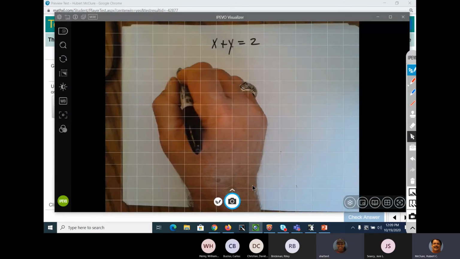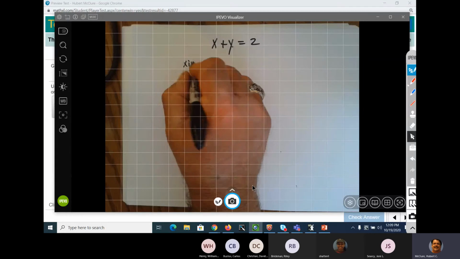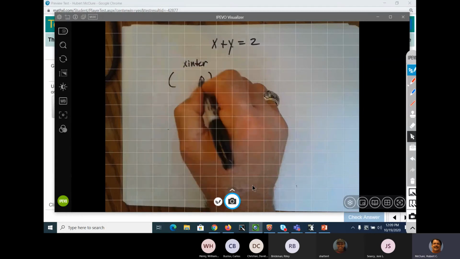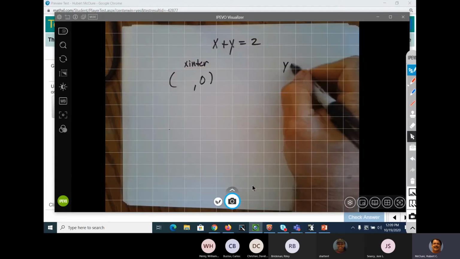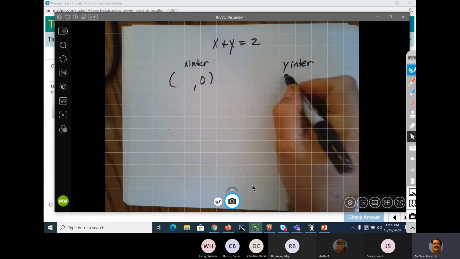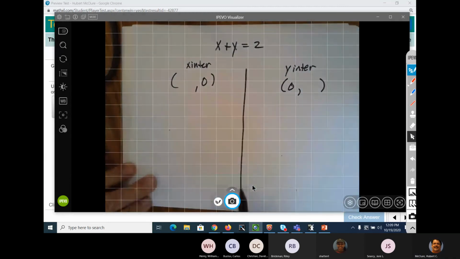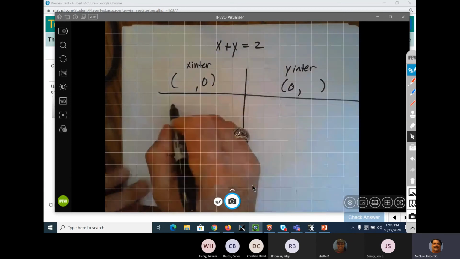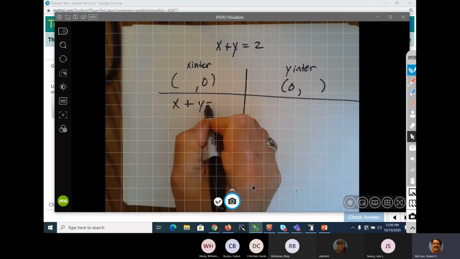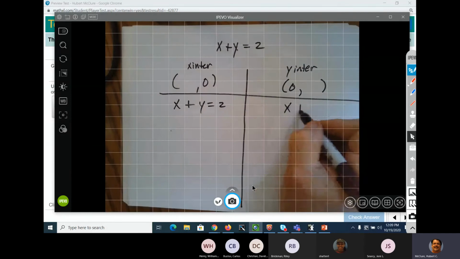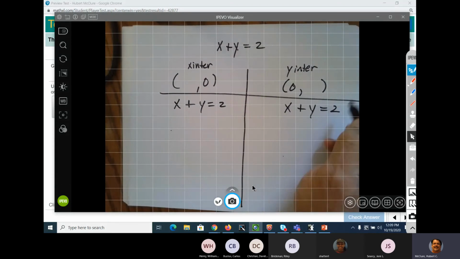0 for X, I mean X intercept. 0 for Y, Y intercept. 0 for X. X plus Y is equal to 2.